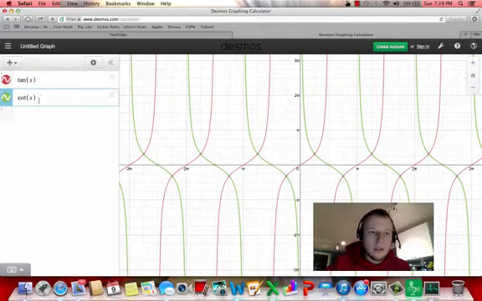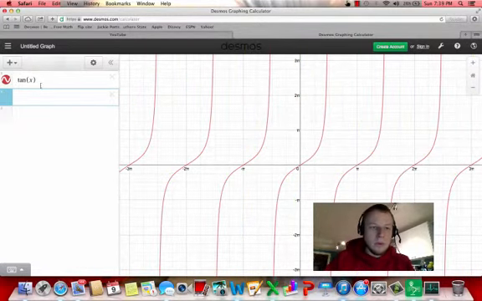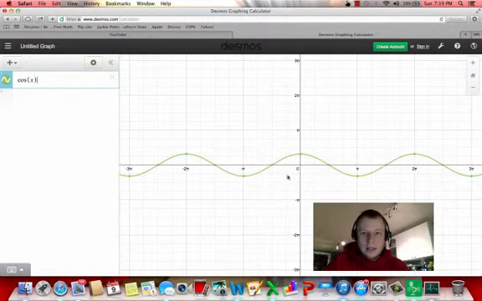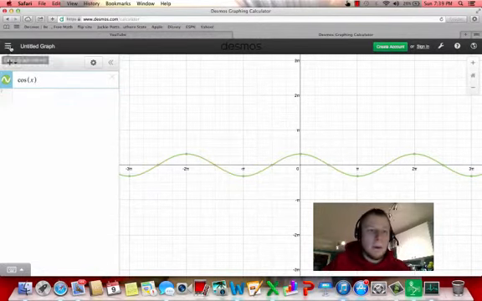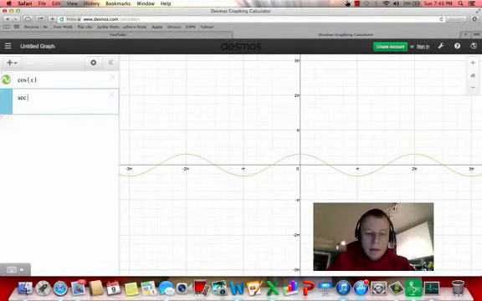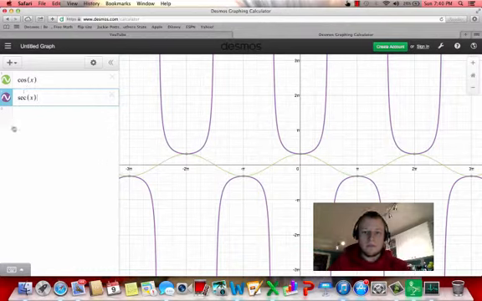Now, let's go back and explore the cosine of x graph. It comes up to 1, and then -1, 1, -1, and it crosses at pi over 2, 3 pi over 2. Now, if we have cosine, the inverse of cosine is secant. So what would happen if we did secant of x?